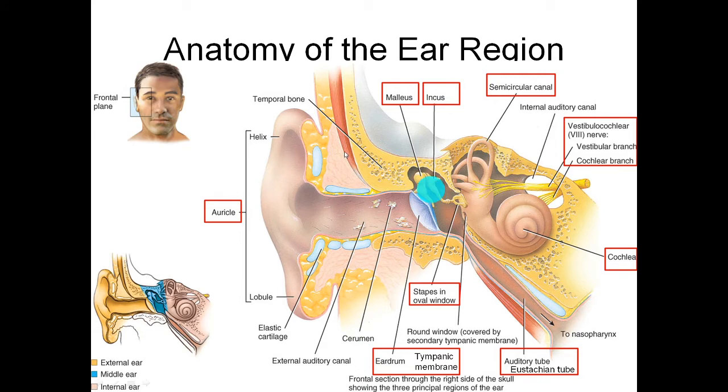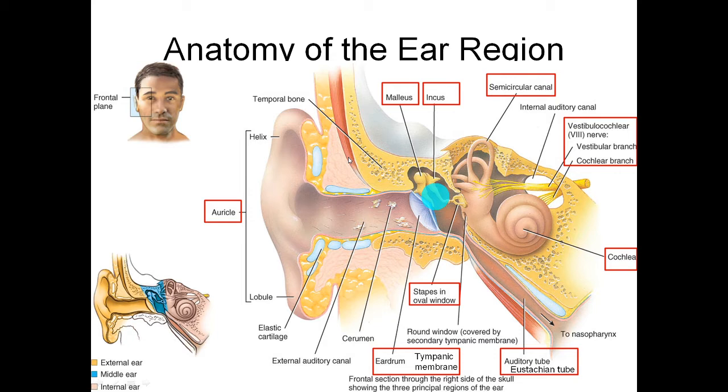So if you have high pressure in your ear, you're going to start feeling uncomfortable. That's when you pop your ears. So when you pop your ears, your eustachian tubes open, and the air is going to rush from high pressure out the auditory tube and then out to the atmosphere to low pressure. So you are going to equalize the pressure by moving air from high pressure to low pressure.